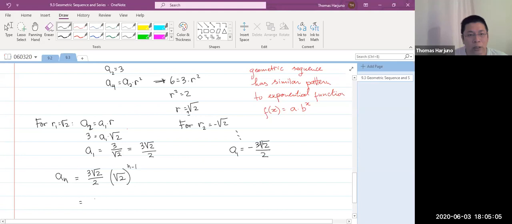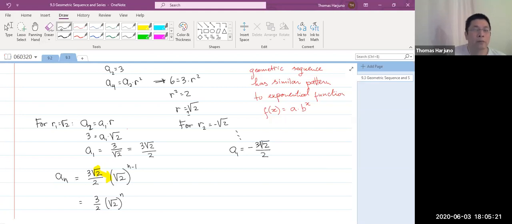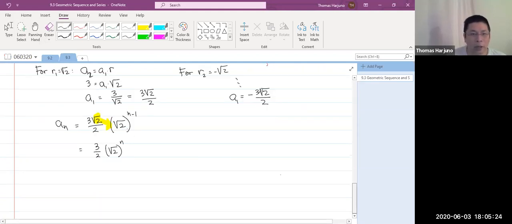Notice that if I multiply this radical 2 in there, it will give me 3 over 2 square root of 2 to the power of n. And if you want to simplify that even further, this is actually 3 times square root of 2 to the power of n minus 2. The reason is that you can rewrite that 2 as square root of 2 being squared, right?